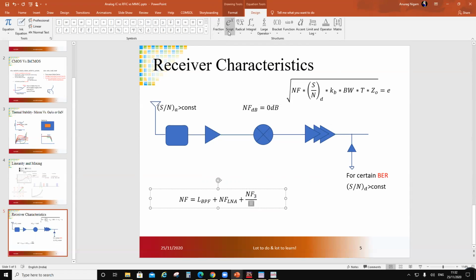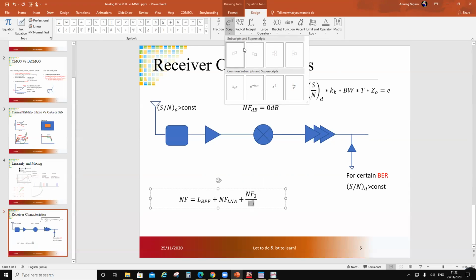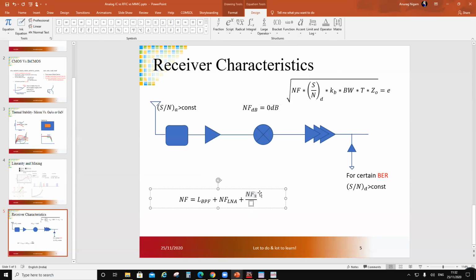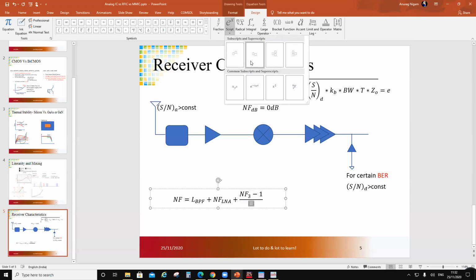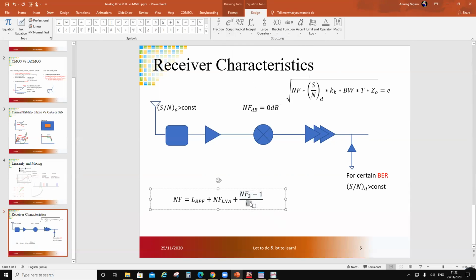Of course, for NF3 there will be only 2 gain stages over here, because this gain is not doing anything. So there are only G1 and G2 before that. And then there is a factor of 1, which I will subtract from it. And then I would divide by G1, G2.